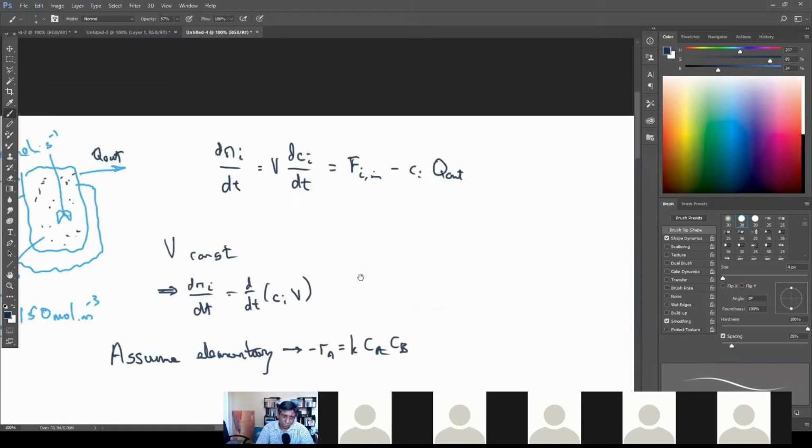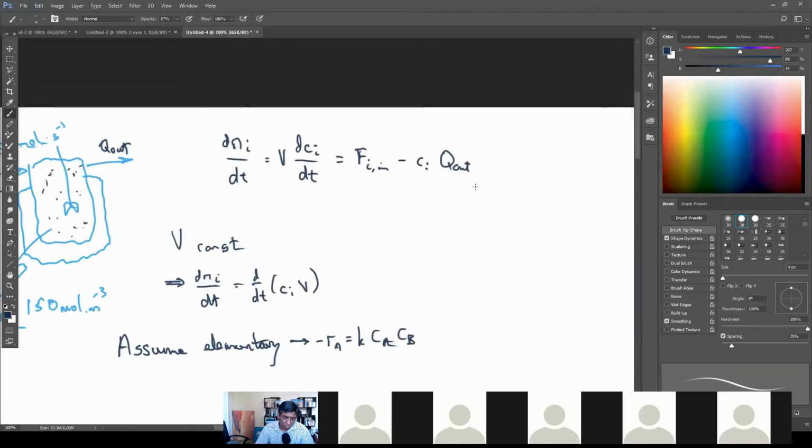Okay, so we are doing this for the ith component. So we are going to say here minus nu I over nu A times minus RA. Let's just check if that works. So let's take component A. If it was component A, this would be nu A over nu A, which is 1, and then times minus RA. And the way we are writing it, minus RA is a positive number.